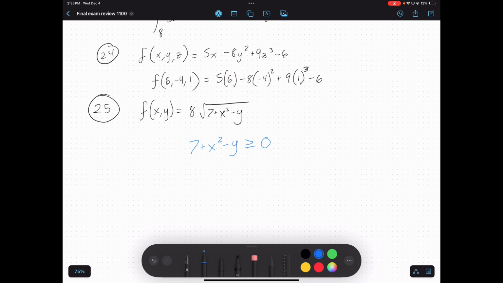What do I do with this? Solve for either x or y. Which one's probably going to be easier? Solve for y. And in fact, your multiple choice only has it solved for y. So that's another way you can tell. This one's multiple choice. So if I solve for y, I'm going to go ahead and add y to both sides.